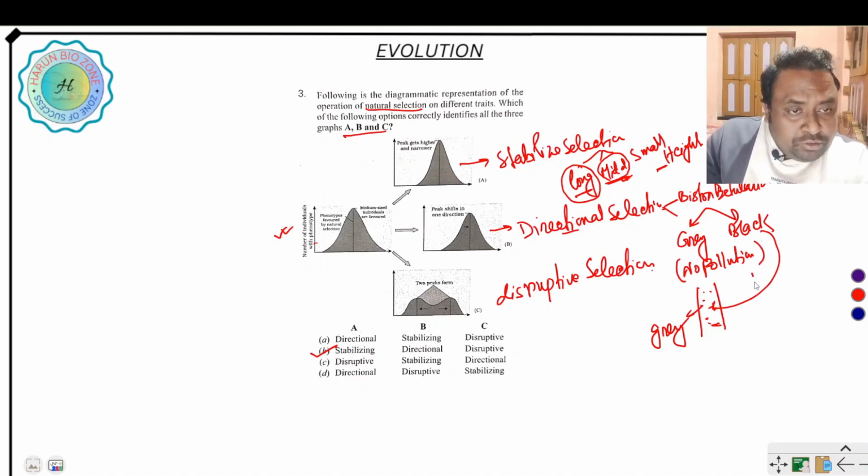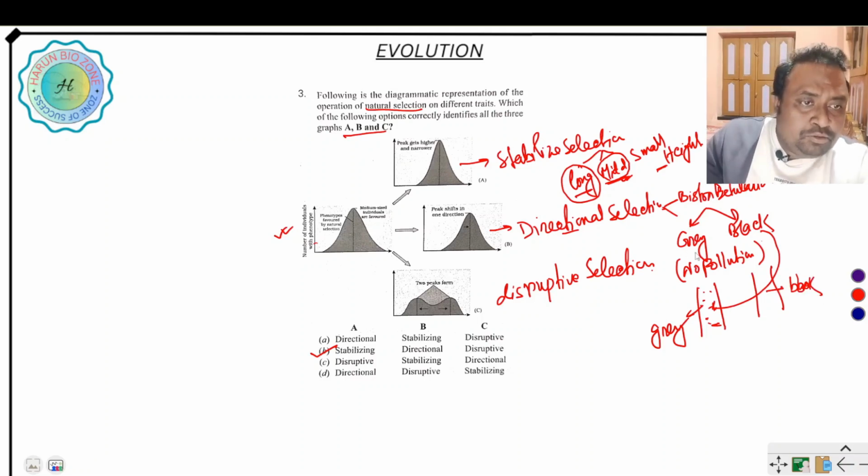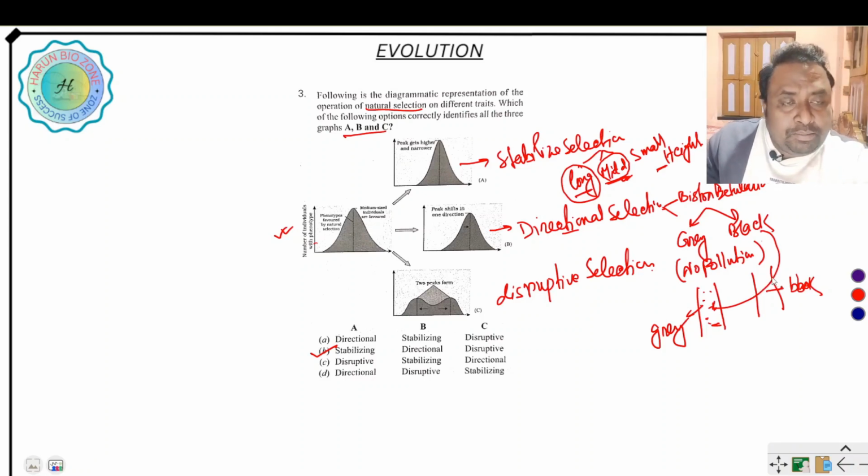But after the pollution rate increases, the gray color disappears and black color appears. Then gray moths sitting on the black surface do not survive because birds easily find them, but black moths are not clearly visible to birds, so they survive. This is called natural selection.